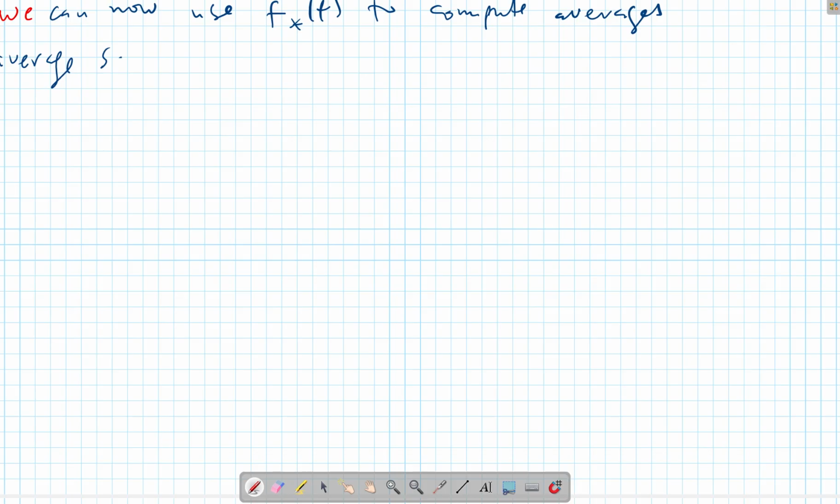We can now use this probability density function to compute averages. In particular, we want the mean or average scattering time, so the average time before collision, if we call it tau.